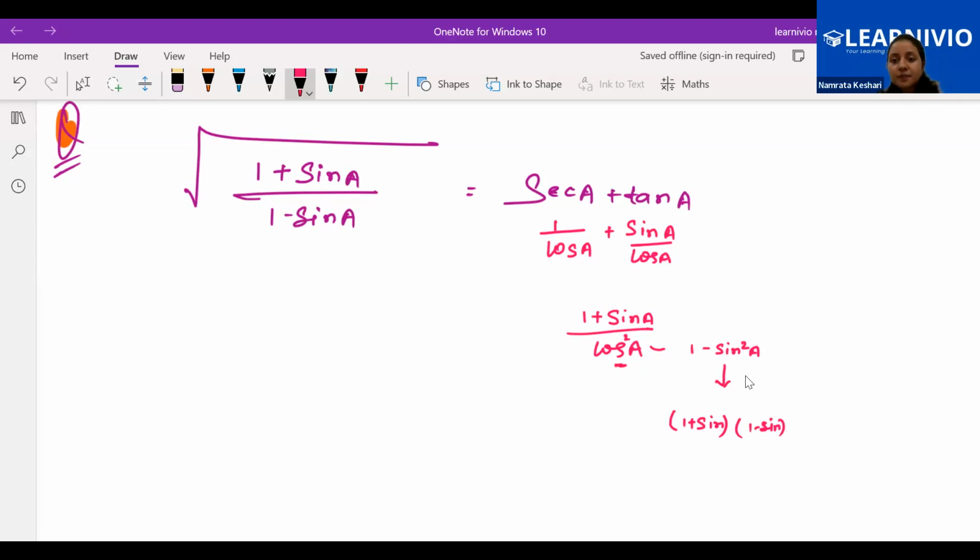Yes. But here since cos square is not there, we are not able to move ahead. And even if we could, would it help us? No. 1 plus sine in the numerator, we don't want to cancel that. So for now we are not able to proceed from here.